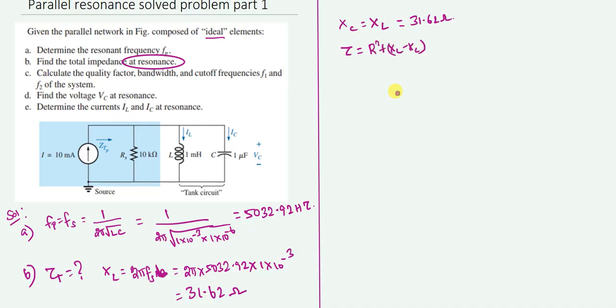So we know that at resonance condition this term is equal to 0. So therefore my total impedance is equal to R. So therefore my total impedance ZT which is equal to the value of resistance is 10 kilo ohm. So this is the overall impedance.